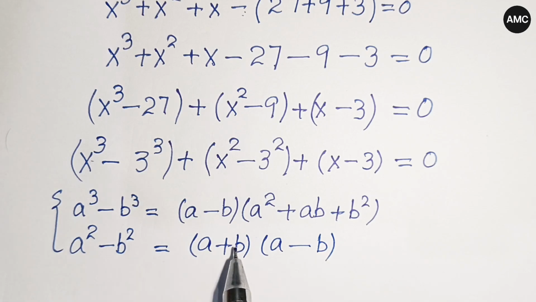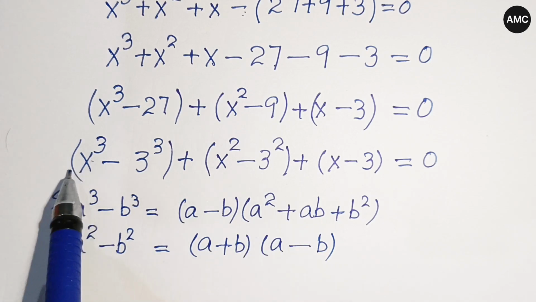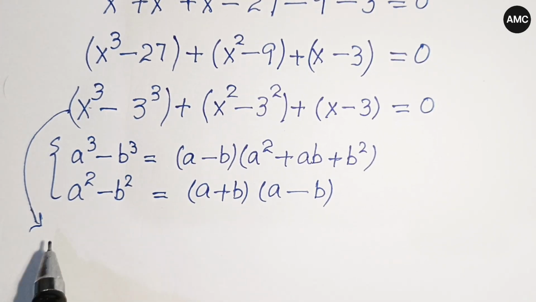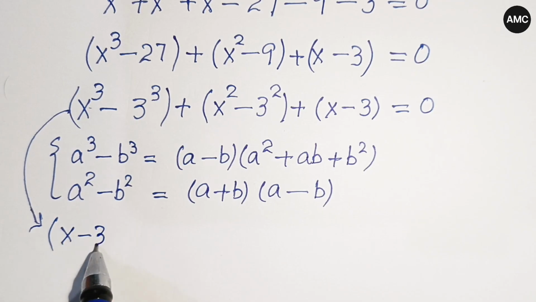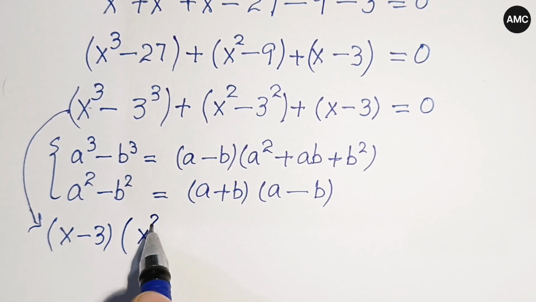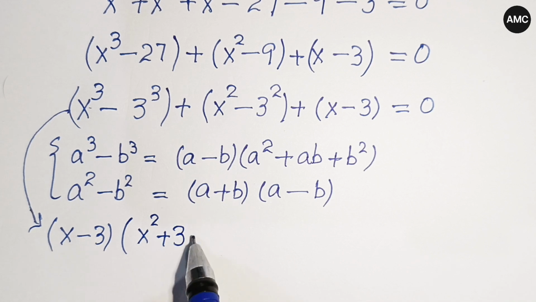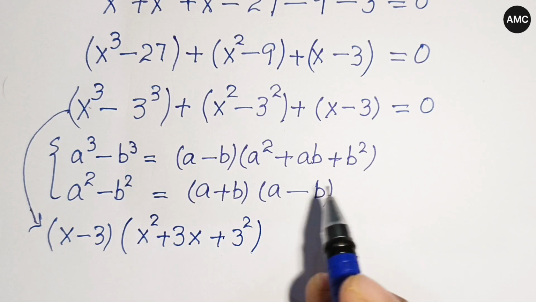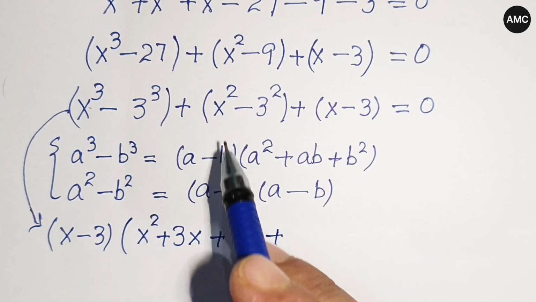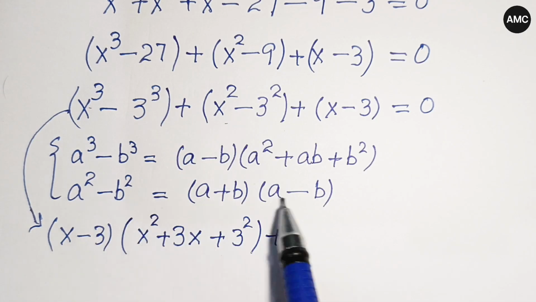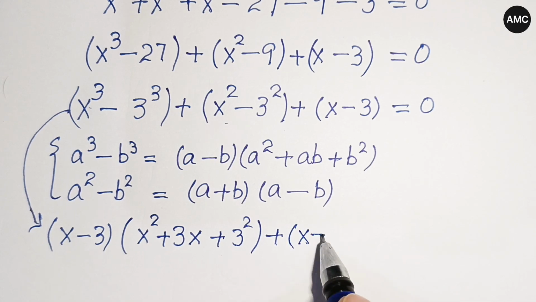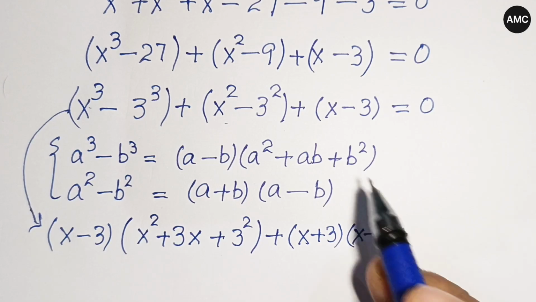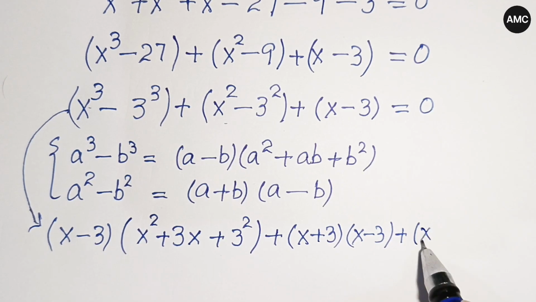Now applying these two identities in our problem, x cubed minus 3 cubed will be (x minus 3) times (x squared plus 3 times x plus 3 squared). Here we have plus x squared minus 3 squared. According to this formula, we have (x plus 3) times (x minus 3), and our final pair is plus x minus 3.